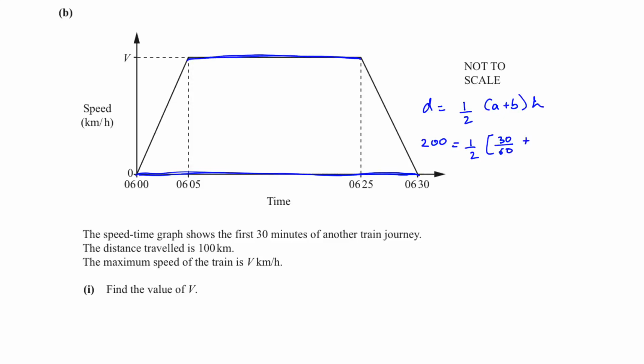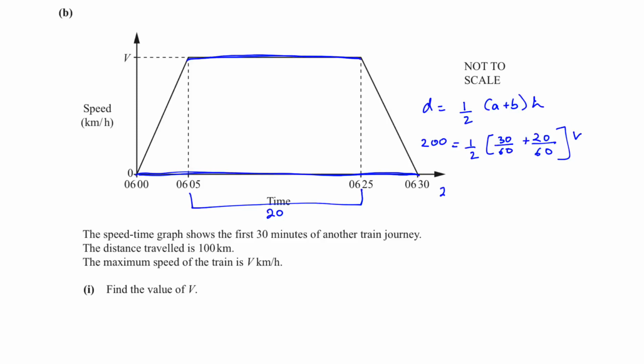It's from 6:05 to 6:25, 20 minutes. Therefore 20 over 60. h, your height, is v. Now we are going to simplify this.